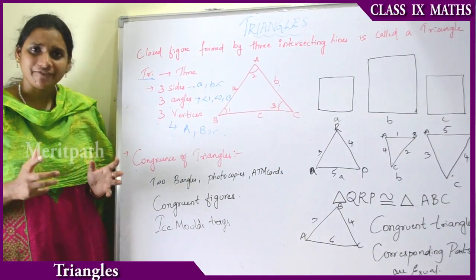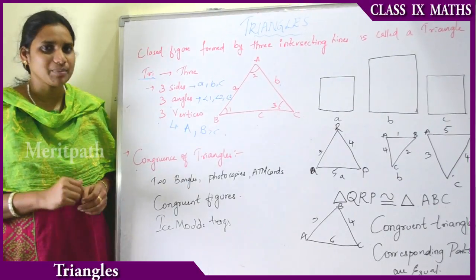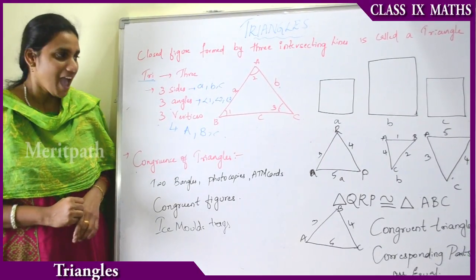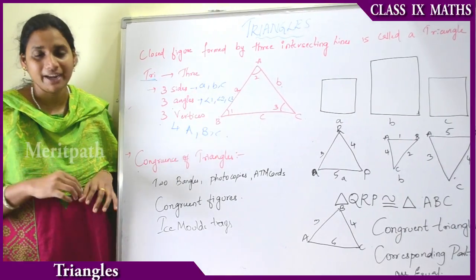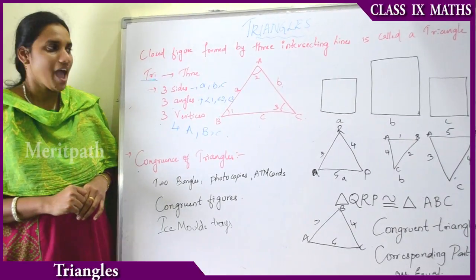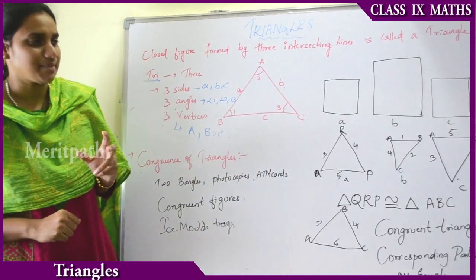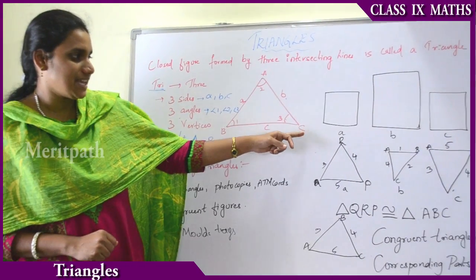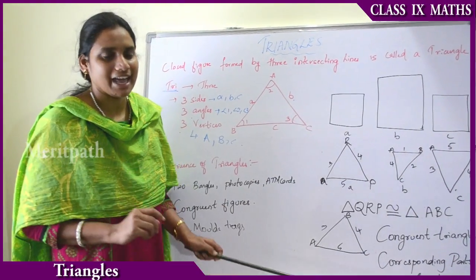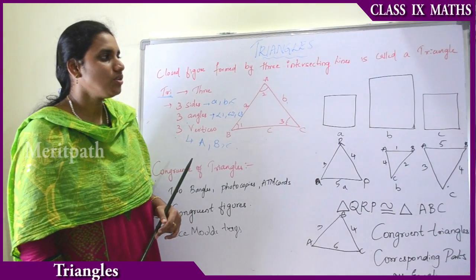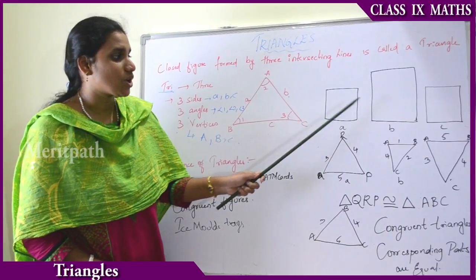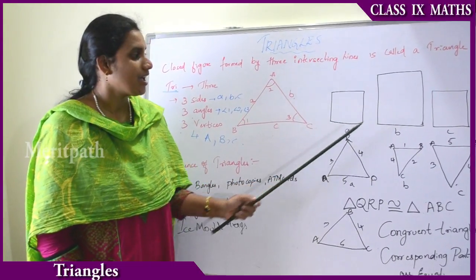And there are also different examples in our day-to-day life that we can see, like identical people. And for example, take the shapes, like square. See, now I have drawn three squares, that is A, B and C. Now, is A congruent to B?